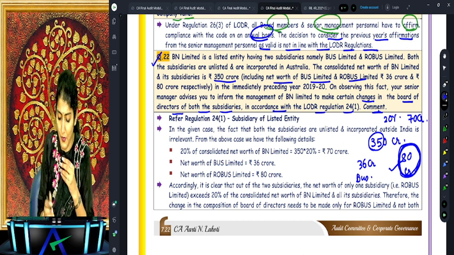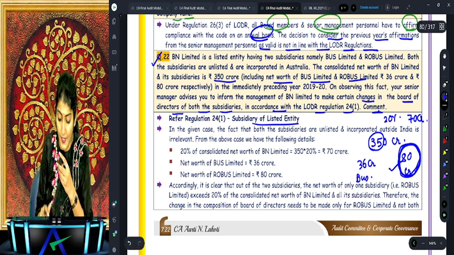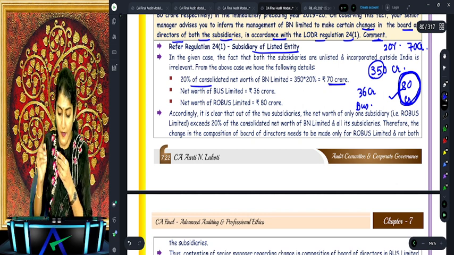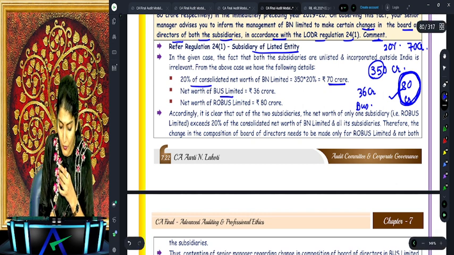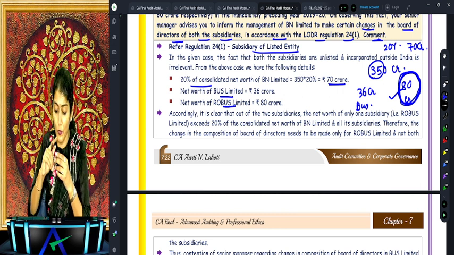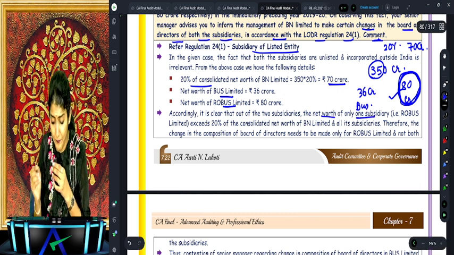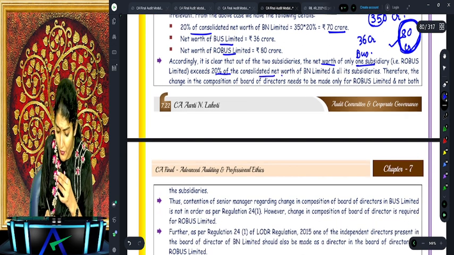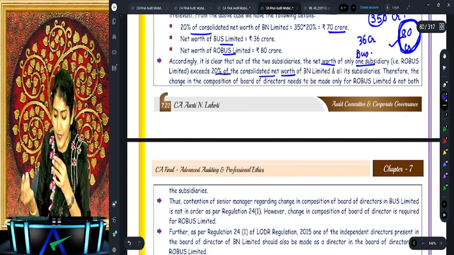So first you come to the subsidiary of the listed entity. In the given case, what is 20% of the consolidated net worth? 70 crore, right? And then the net worth of Robust and the net worth of Bus. Accordingly, it is clear that out of the two subsidiaries, the net worth of only one subsidiary, that is Robust, exceeds the 20% of the consolidated net worth of BN and all its subsidiaries.